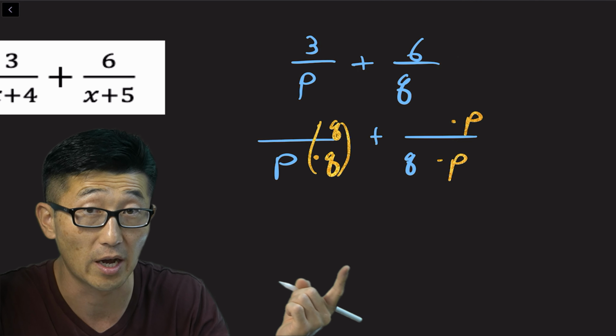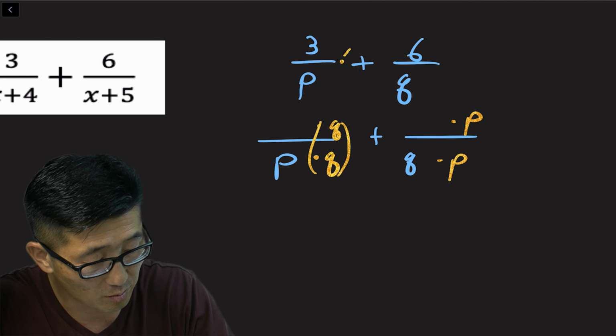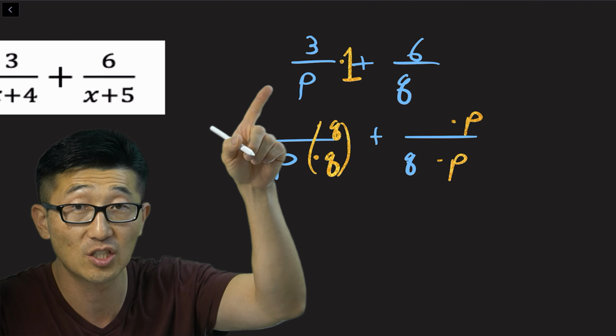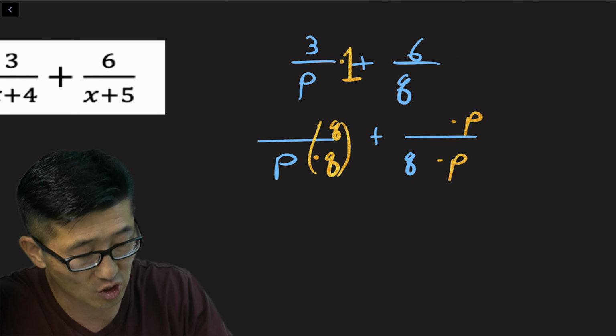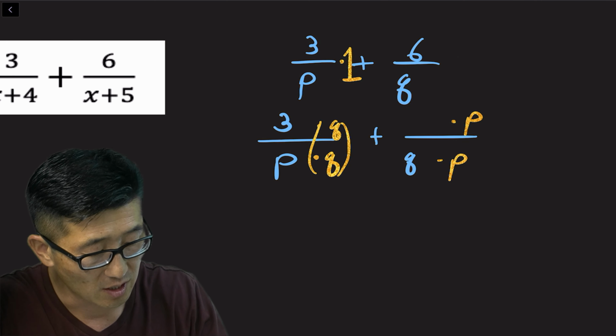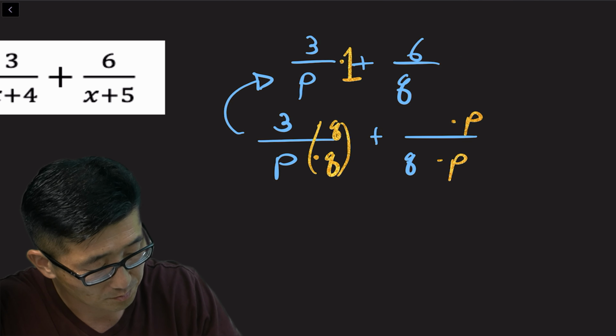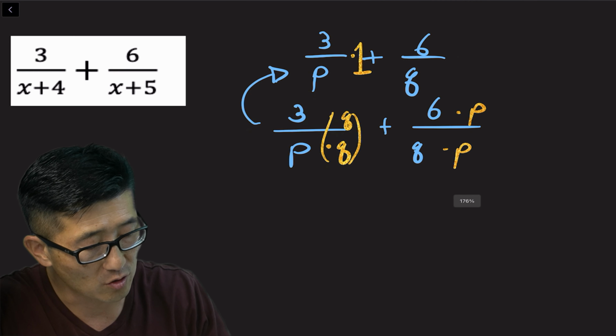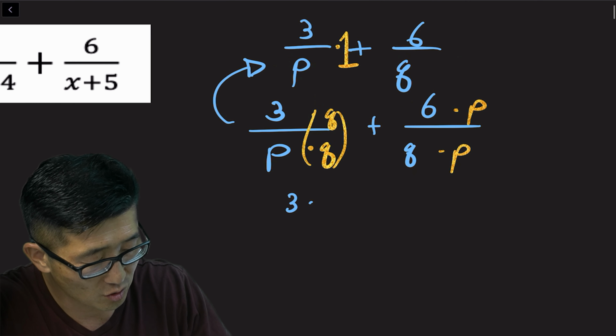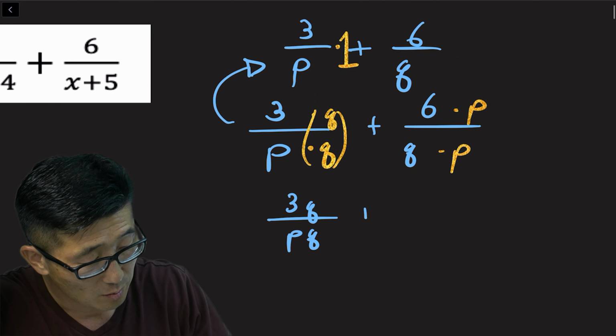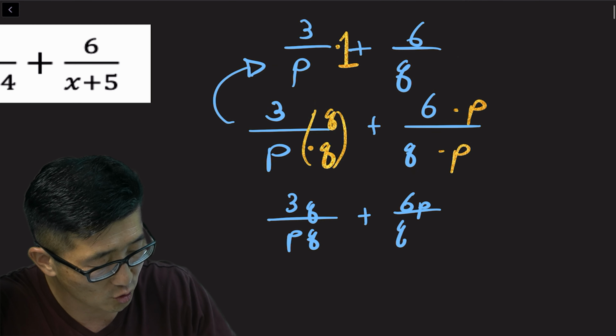So technically we are actually multiplying by the number 1 so that the fraction 3 over p does not change. So 3q over pq is an equivalent fraction for 3 over p. Again, I'm going to leave the 6 right up here. And so now my new fraction is 3q over pq plus 6p over qp.